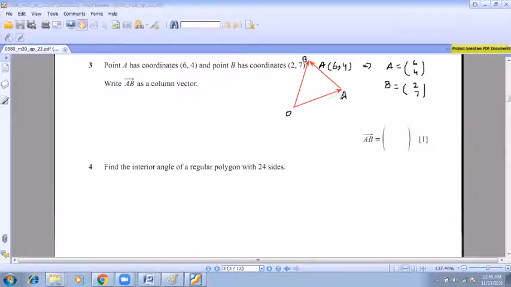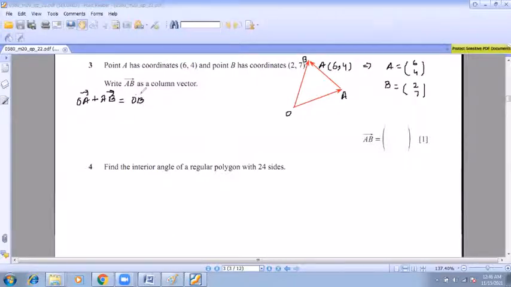So we are looking for the AB vector equal to what? As you can see, the two directions are the same, like we can use the head and tail rule. OA plus AB is equal to, the resultant is here, OB.